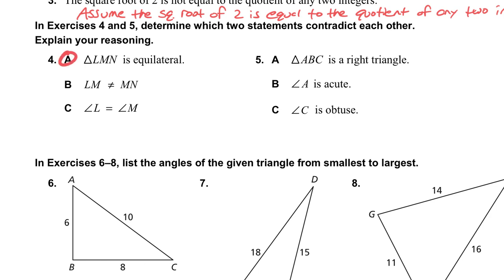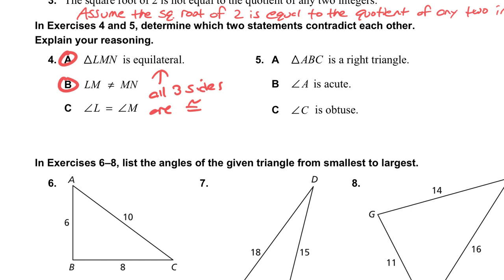These contradict each other, because in an equilateral triangle, all three sides are congruent, or have the same measurement, where this says one of those isn't. And it's true that angle L is going to have the same measure as angle M. That's true for an equilateral triangle.